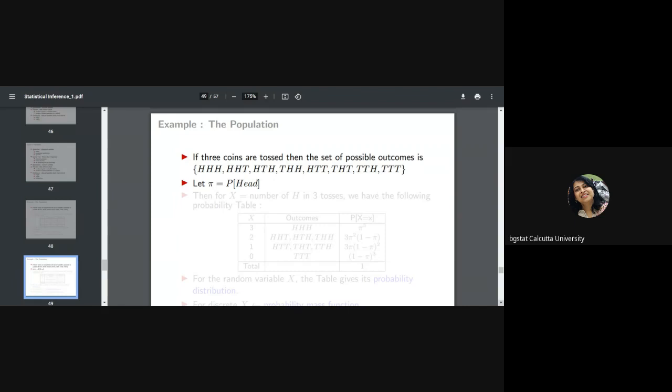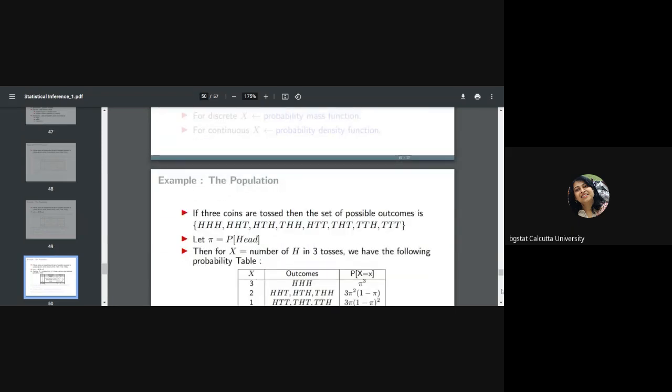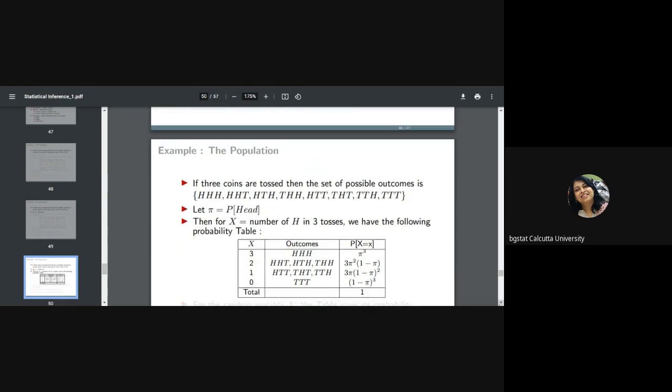In the last class, we saw that the mean of the normal distribution is typically denoted by mu, and the variance in the normal distribution is typically denoted by sigma square. So let pi be the probability of head, the probability of observing a head in a single toss.